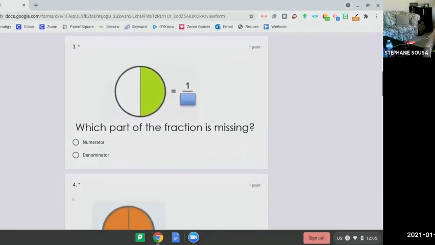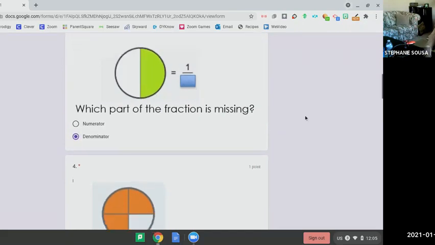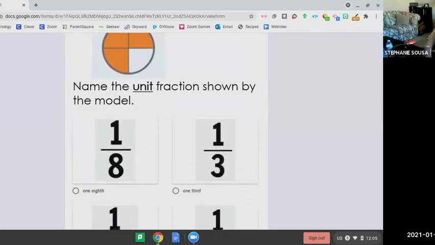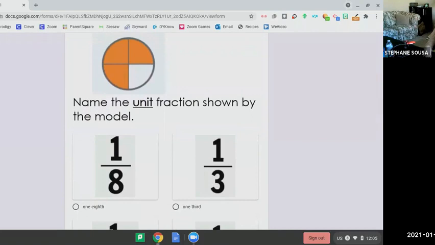Next one, which part of the fraction is missing? We just answered that. Boom, the denominator is the bottom number in a fraction, so the denominator is missing. 4, name the unit fraction shown by the model. I don't know what a unit fraction is.